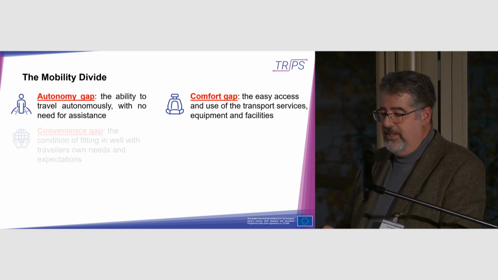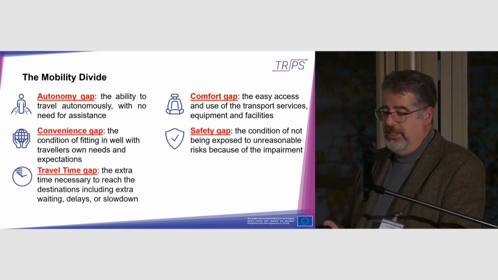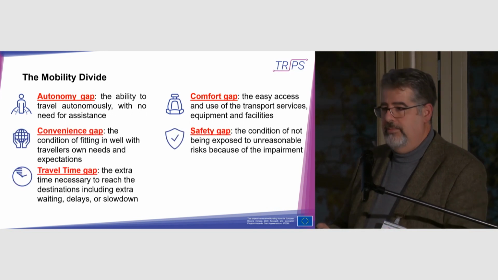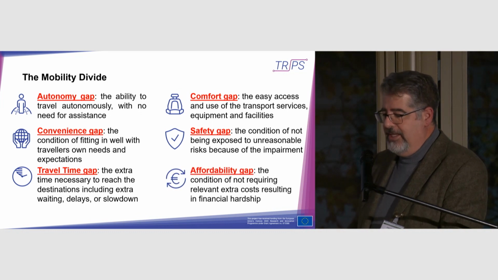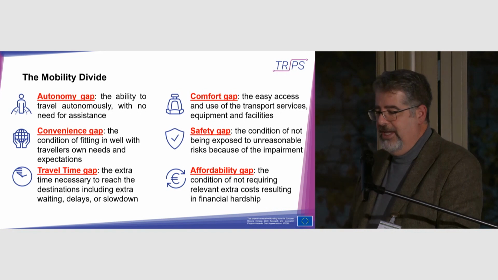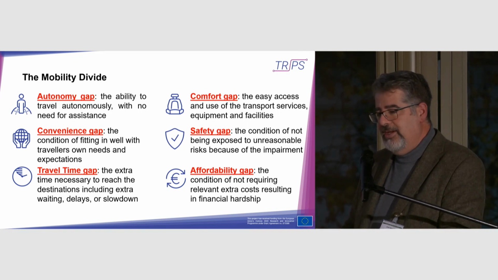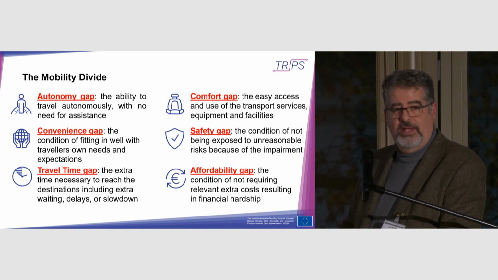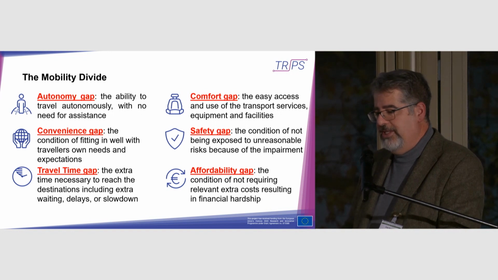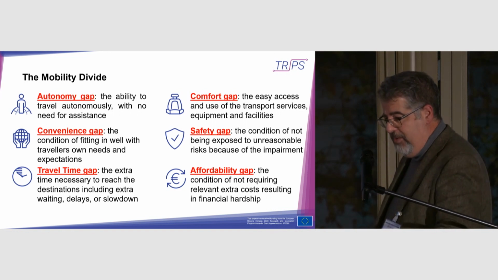These are the 6 dimensions. I think that it is not now necessary to go in depth on them, because all these aspects have been already discussed and presented during the presentation of the previous speakers.